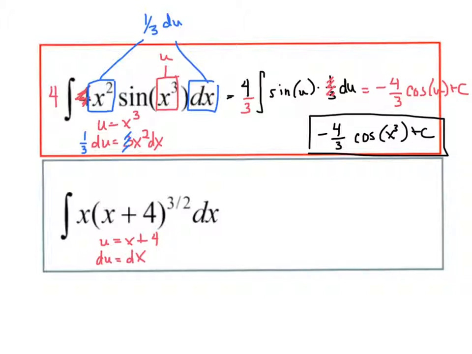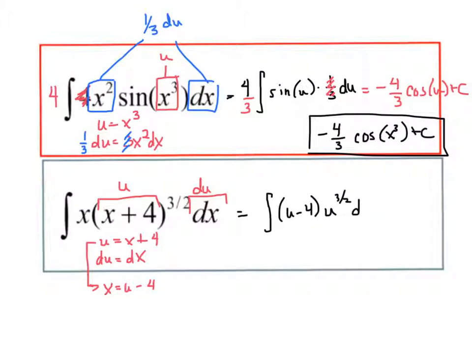So I'm going to be able to replace this with a u, this with a du, and I can replace the x with u minus 4. So this becomes the integral of u minus 4 multiplied by u to the 3/2 du, which I would multiply out to be u to the 5/2 minus 4u to the 3/2, and then we integrate.